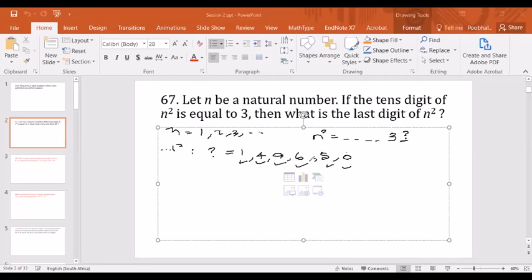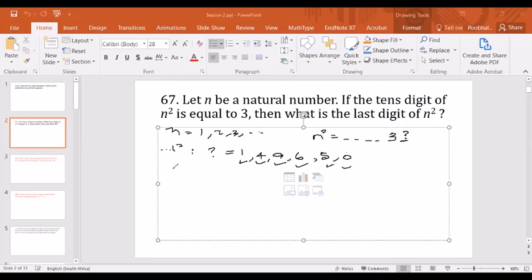So that eliminates numbers like 2, 3, 7, 8, for example. Now we still haven't brought it down to exactly one answer. So how are we going to figure out what this is going to be?